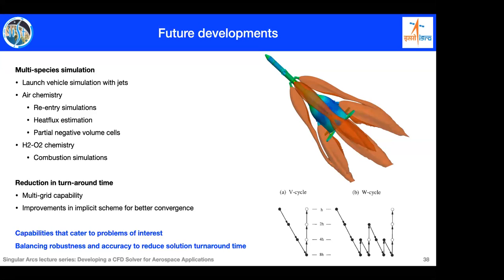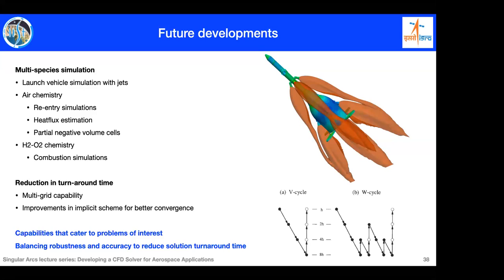So these capabilities we need to add. Most of the solver structure, whatever we saw earlier, works for these cases also with some additional equations. Even the schemes work for this, because these equations also will have convective, viscous and source terms. So it is the same structure basically. This is an extension of the earlier solver.